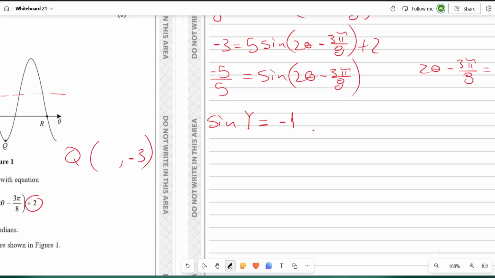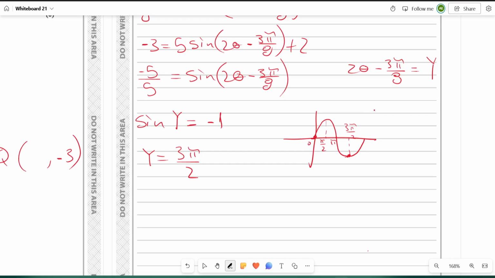So when is sine minus 1? Sine is a function that looks like this, and it's going to be minus 1 here. So this is 0, this is pi over 2, this is pi, and this is 3 pi over 2. So it's basically at 3 pi over 2. So y is equal to 3 pi over 2.